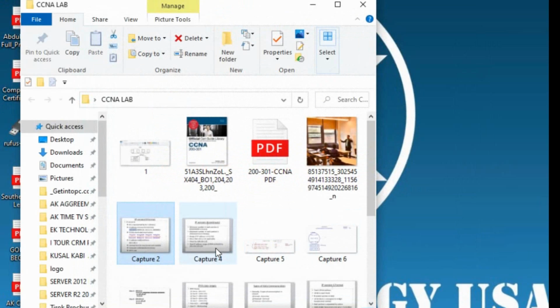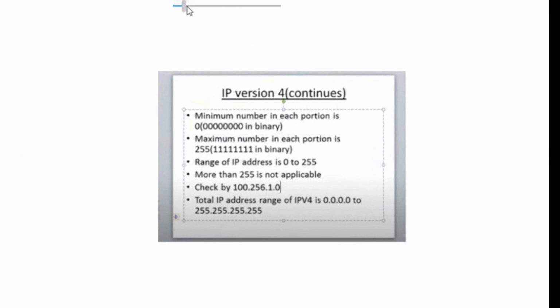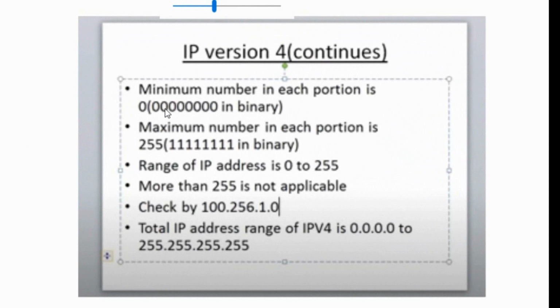Okay, I'm going to number 4 now. Same thing, the minimum number in each portion is 0, which stands for 0 in binary. The maximum number in each portion is 255, which is all on bits, because 255 has a value. That's why we turn on all the bits in binary.